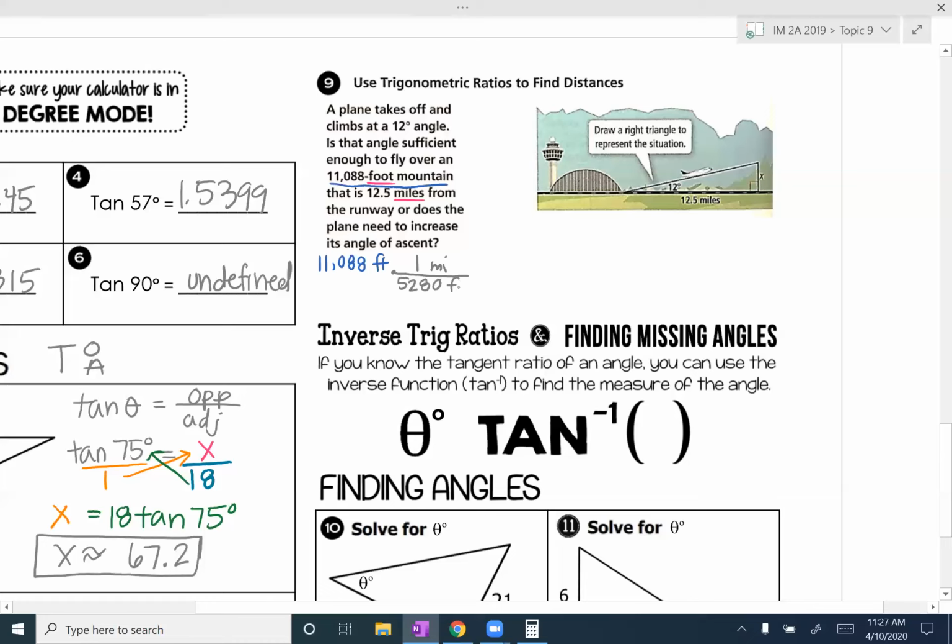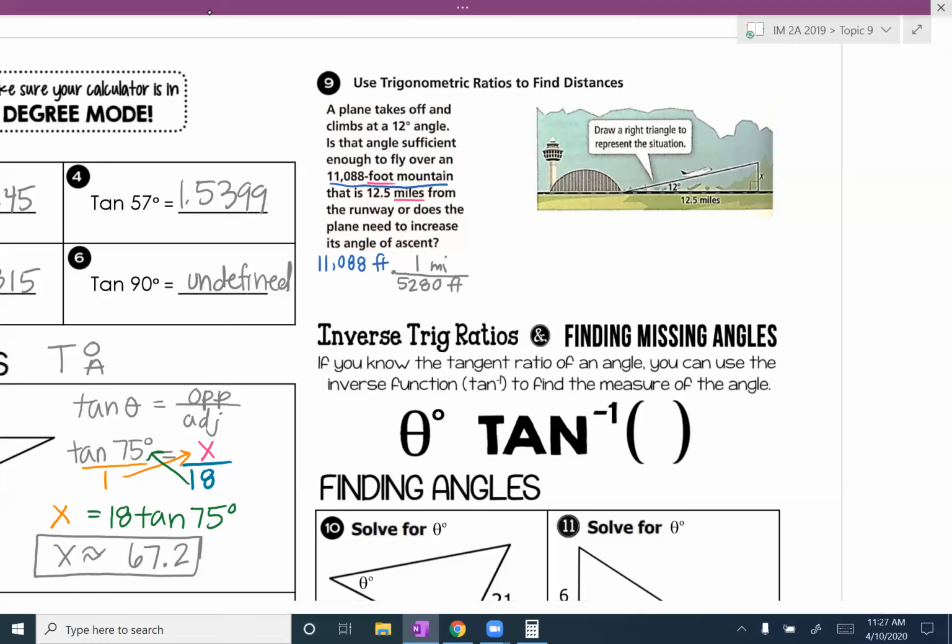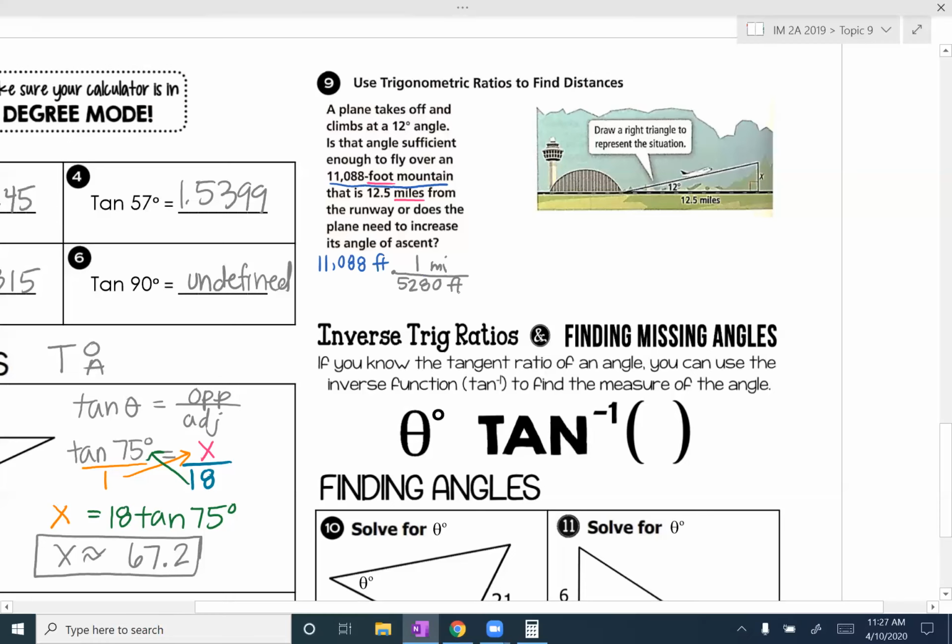So since there are 5,280 feet in a mile, that means that if I divide 11,088 by 5,280, that'll tell me how many miles the mountain is. And so that gives me that the mountain is 2.1 miles. So I need to see, is x bigger than 2.1 or is it smaller? And that will allow me to answer the question.